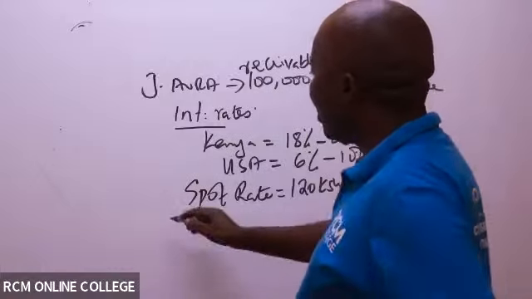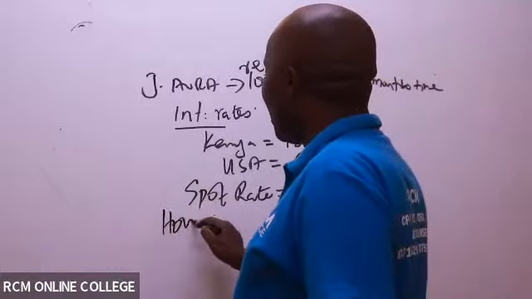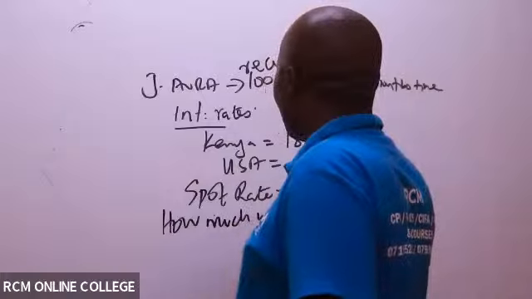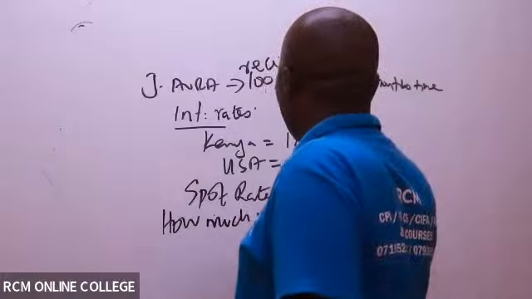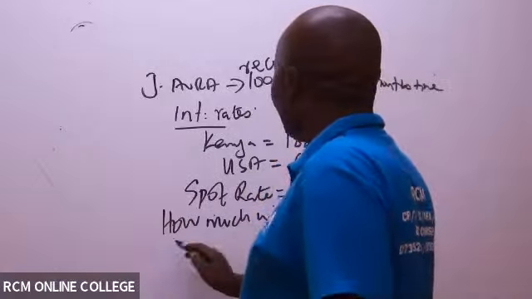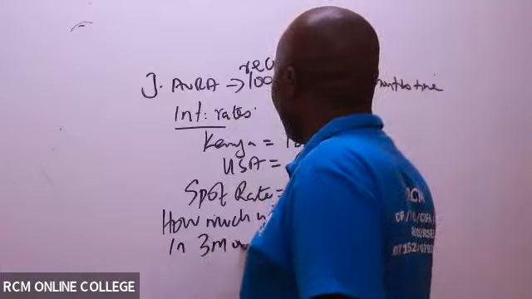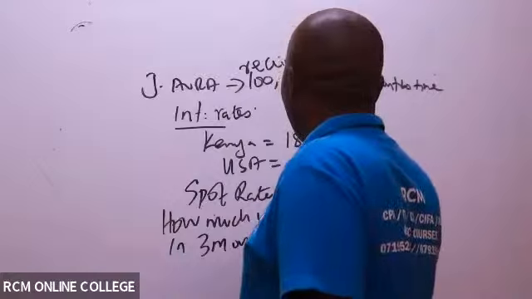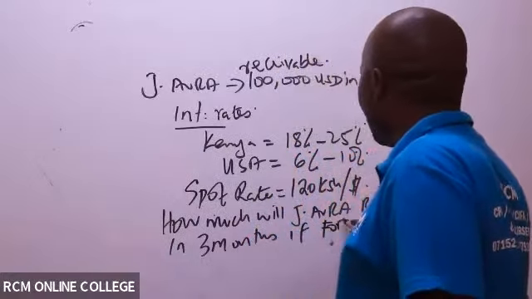So how much will CBF receive in 3 months' time if forward contract hedge is used?